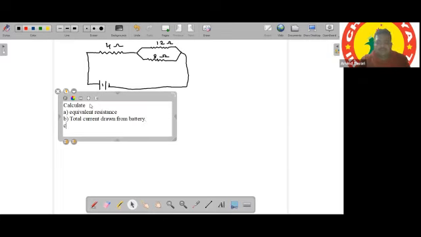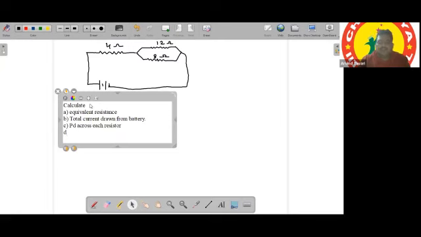And then the potential difference across each resistor. Potential difference across each resistor. And then you need to find the current through each resistor. So these are the 4 points you need to compute here.